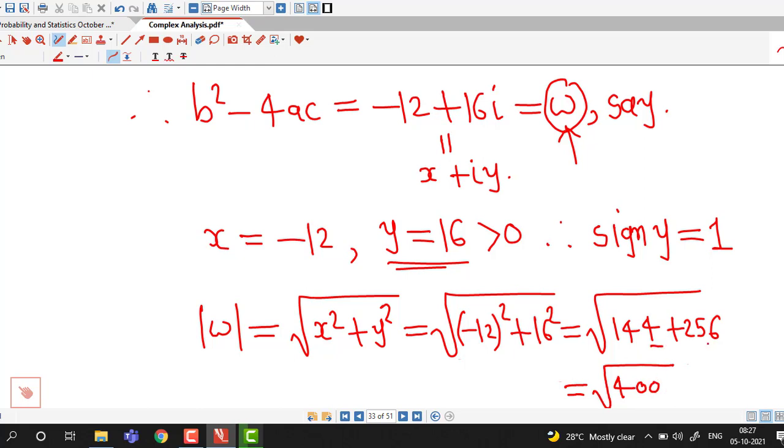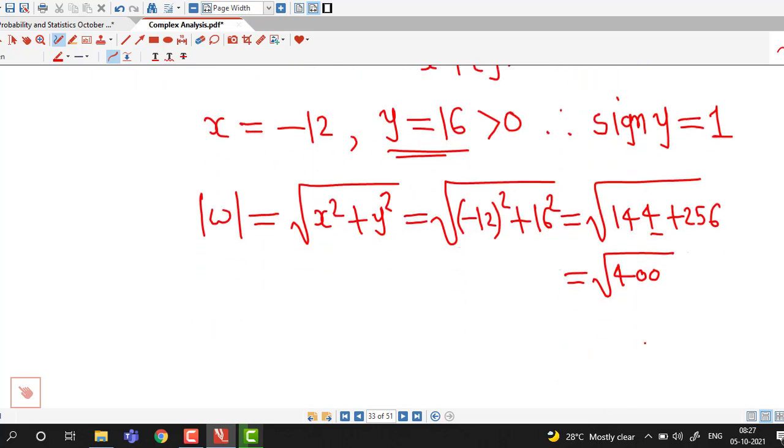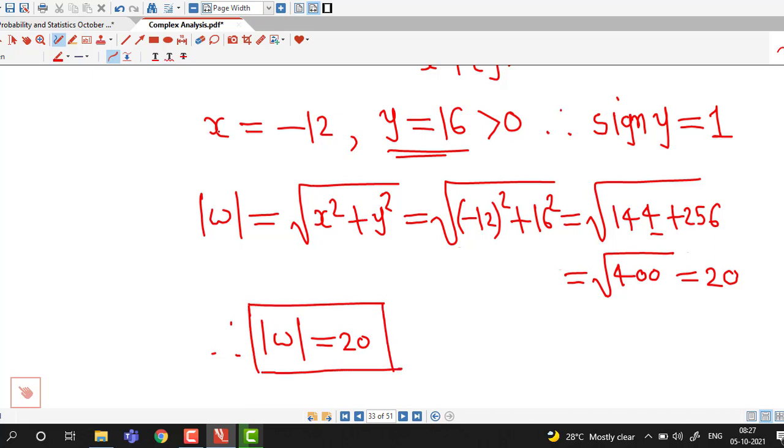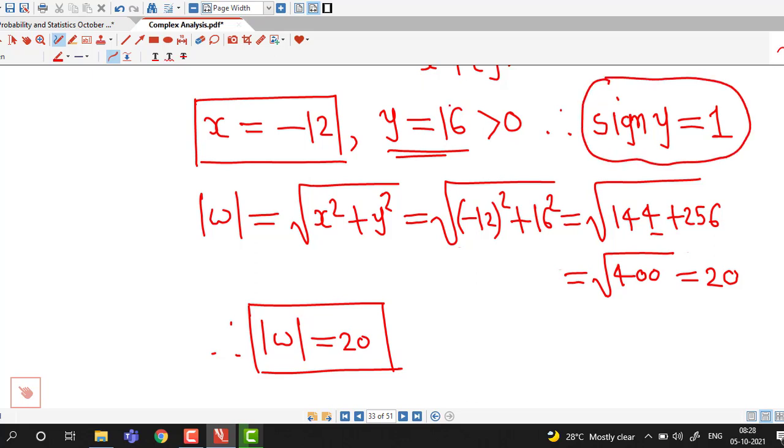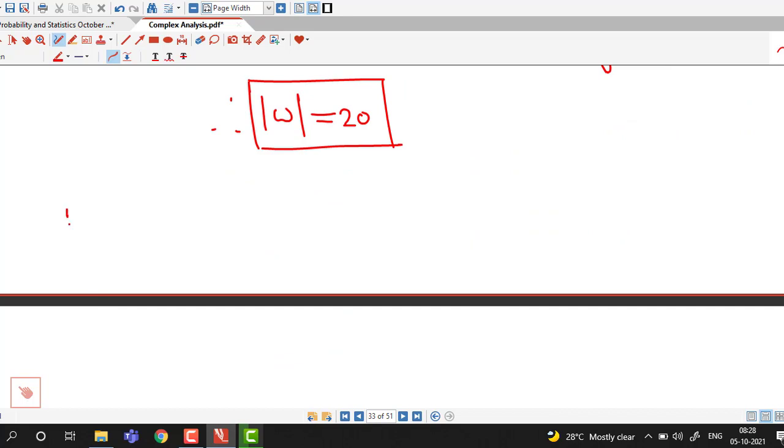If I add these two, 6 plus 4 is 10, and 5 plus 5 is 10, and I have square root of 400, and I consider only the positive square root, so I obtain 20. 2 into 2 is 4, and so therefore the absolute value of w is 20. So we will require the absolute value of w, the value of x, and this sign y, which is 1.